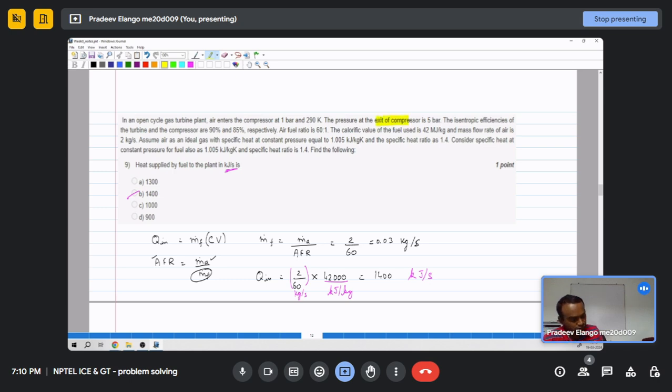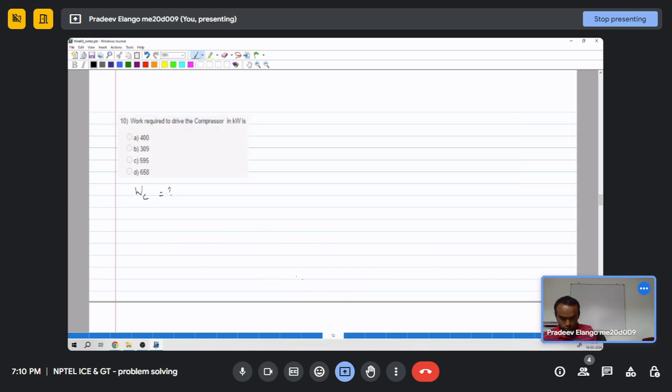The exit pressure of compressor is given as 5 bar. So we can calculate it. T2 by T1 is equal to P2 by P1 power gamma minus 1 by gamma. So T2 is equal to T1 into P2 by P1 power gamma minus 1 by gamma.